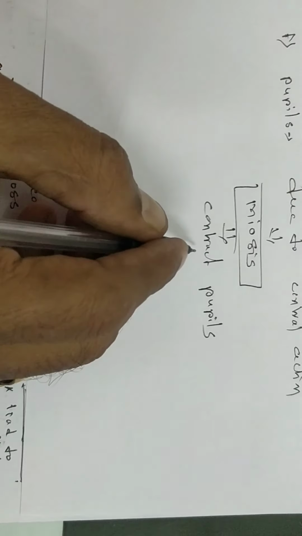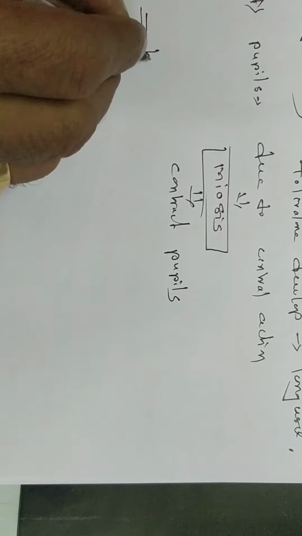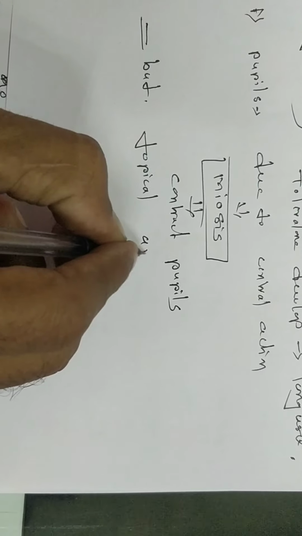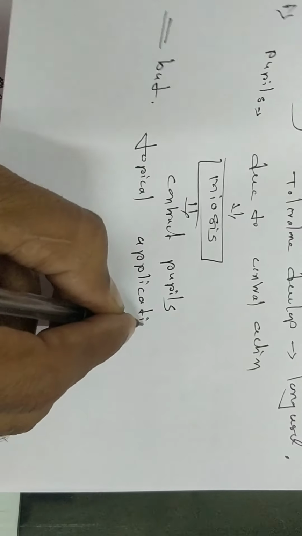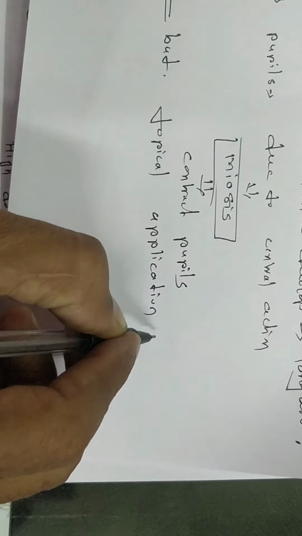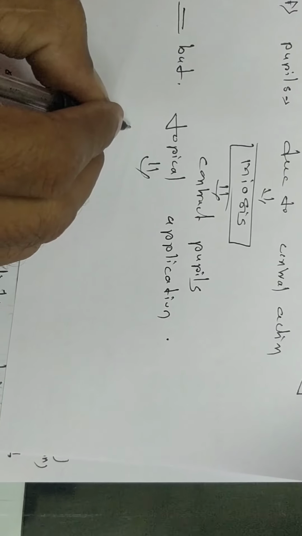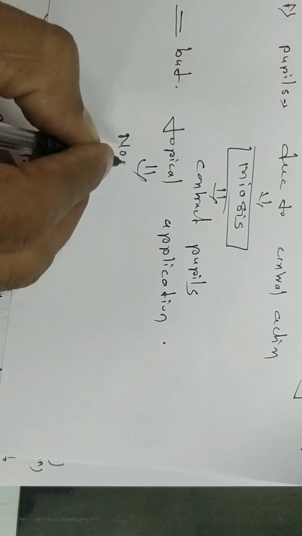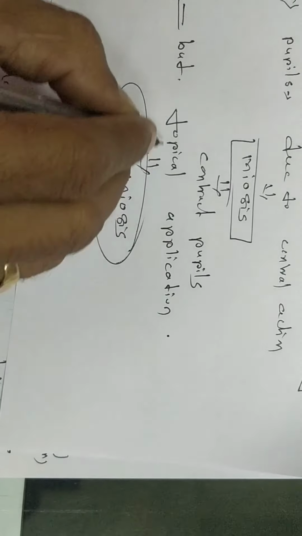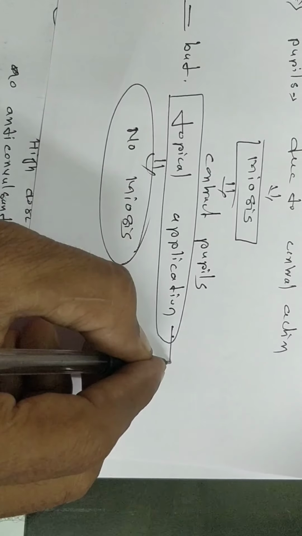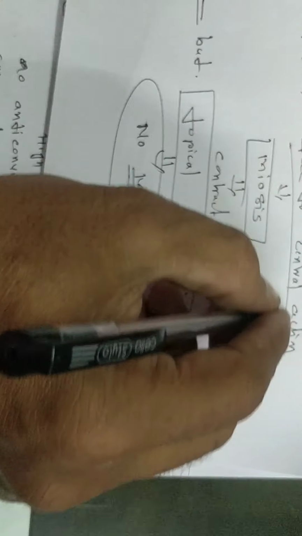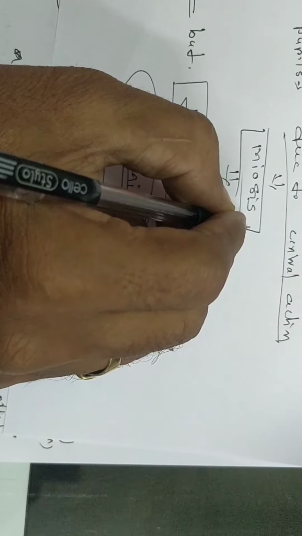But with topical application, morphine does not produce miosis. Important: topical application of morphine does not produce miosis, but the central action produces miosis.